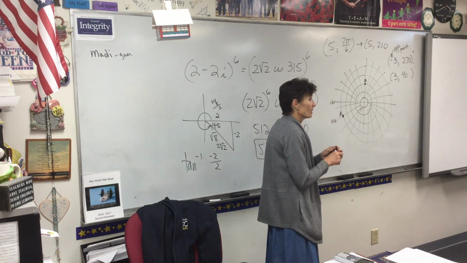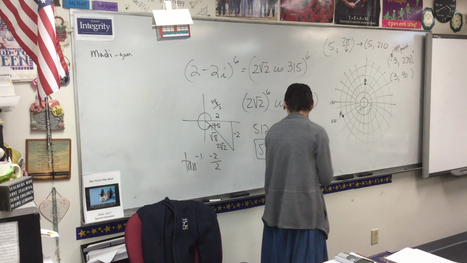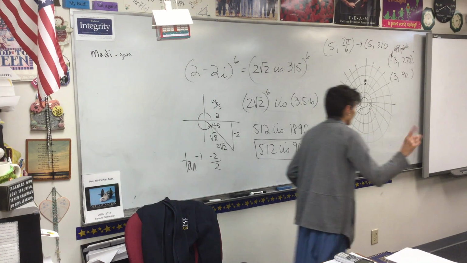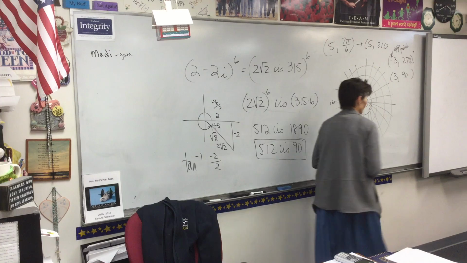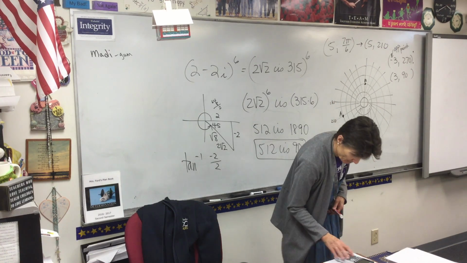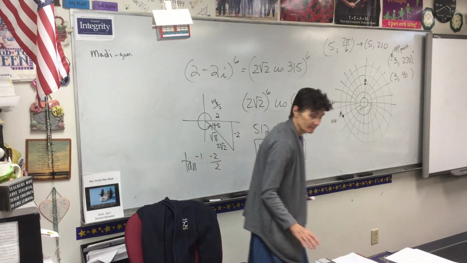Now, let's get the size right. What shape is it, first of all? What shape did you get? A limaçon? Does that make sense to everybody? Look at the equation. Does it make sense it's a limaçon? It's got a minus in it, doesn't it?